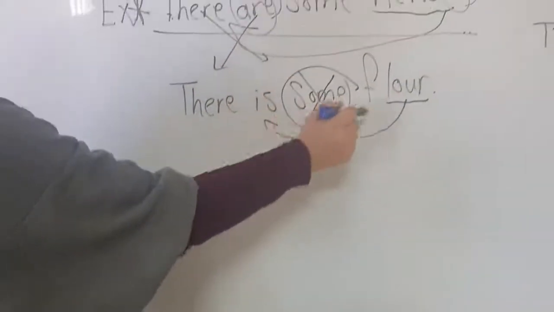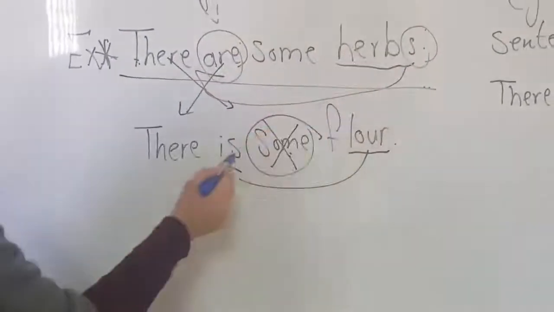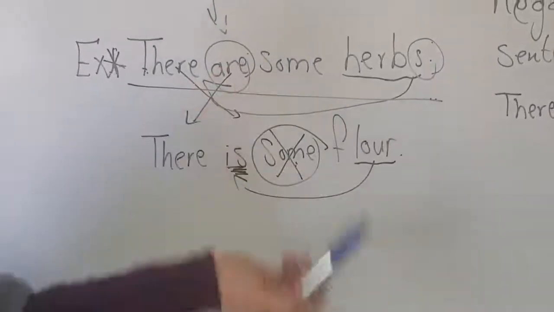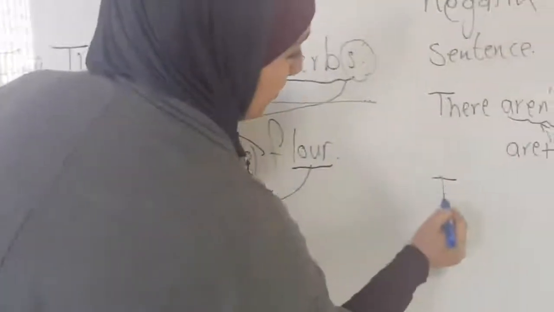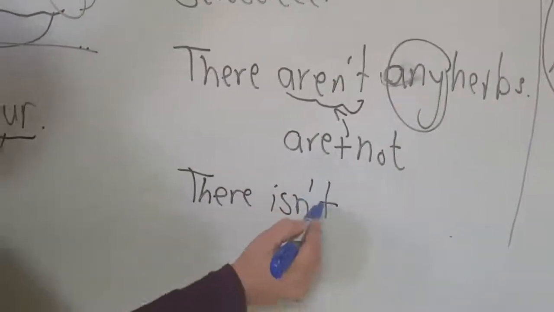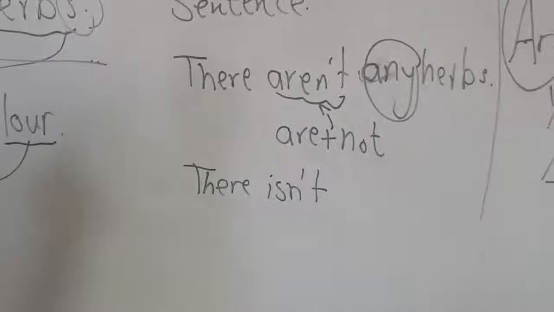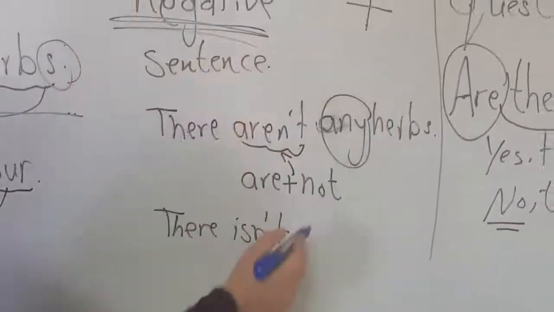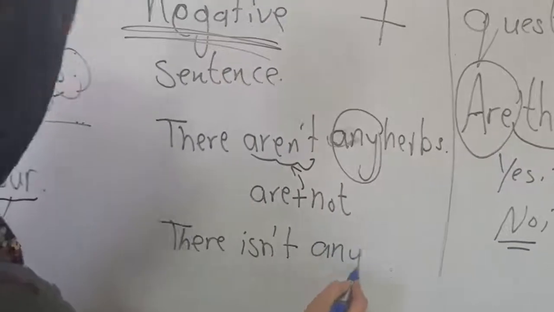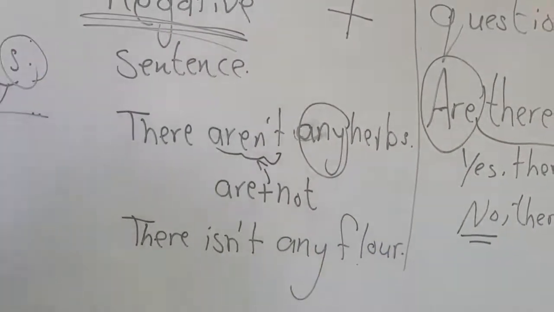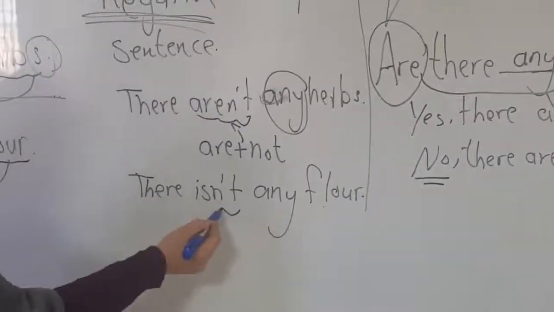There is some flower. Negative sentence is. شو بنعمل بإز؟ زي ما عملنا بآر. There isn't some. No. Any. Why? Negative sentence. Any flower. Full stop.